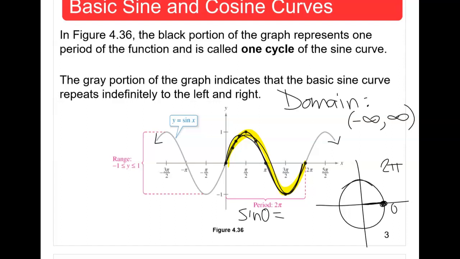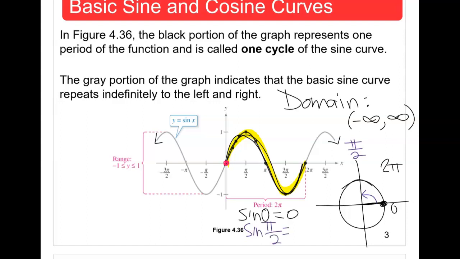So in this case, at 0 radians, we know that the sine of 0 is equal to 0. And so we could see that represented here by the x-intercept. Now, if we move on to pi over 2, the sine value for pi over 2, remember, is the y-coordinate.